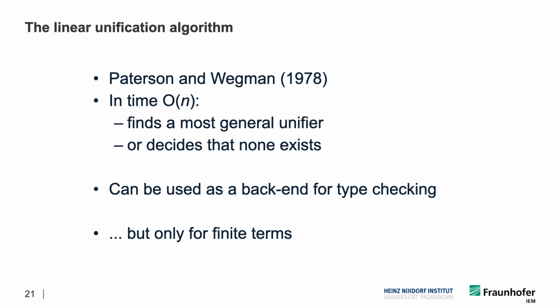So if you actually have a type error, for instance, that can be used as a backend for type checking. And I guess many implementations also do use it. Some of the more sophisticated type checking algorithms these days, maybe not anymore. But you can only use it for finite terms. But for what we have been discussing here, that should be sufficient.